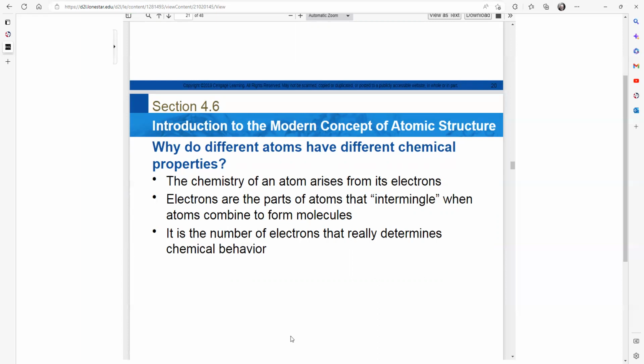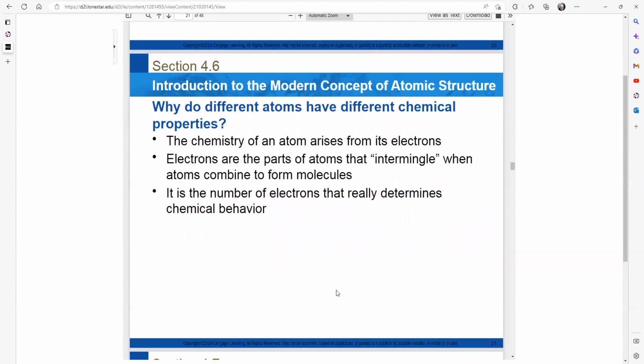In chemistry, the electrons, and especially the ones in the outer shell, are the most important, because they are the valence electrons and are the ones that take part in the chemical reaction.